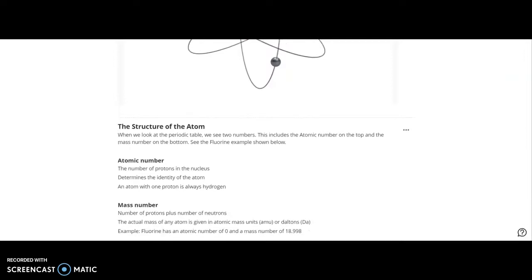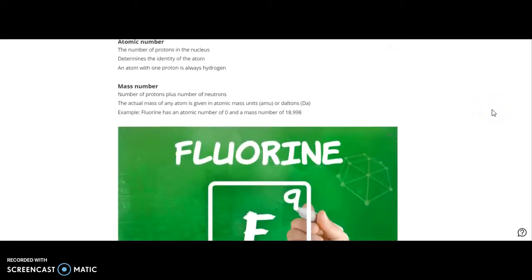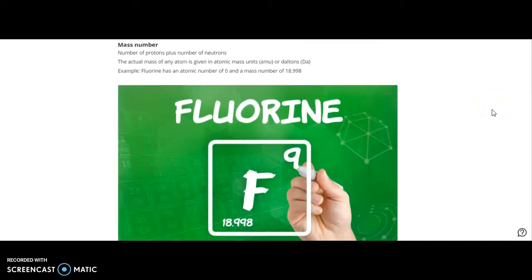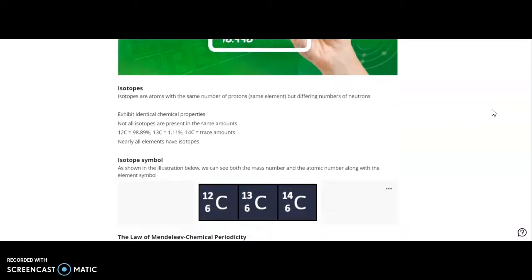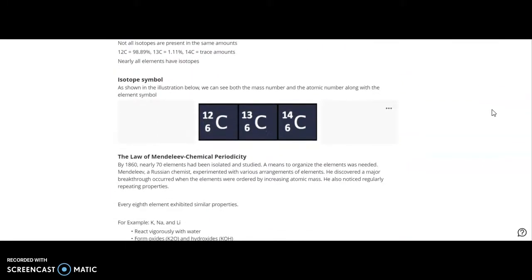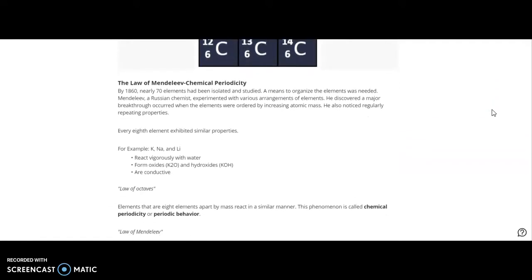We look at the structure of the atom, the atomic number, our mass numbers. Mass numbers are very important when it comes to clinical chemistry that we deal with. We are going to look at how we determine the gram molecular weight. We're going to talk about that more when we get to laboratory math.